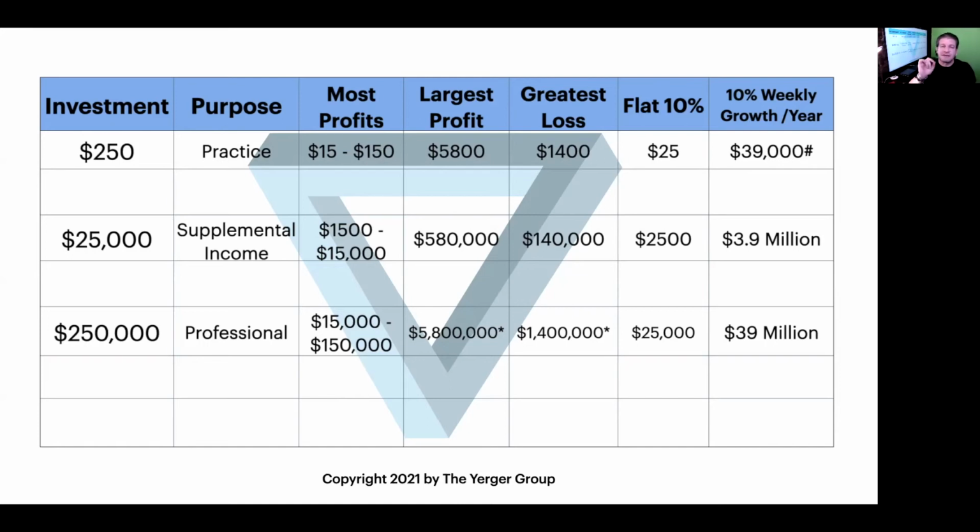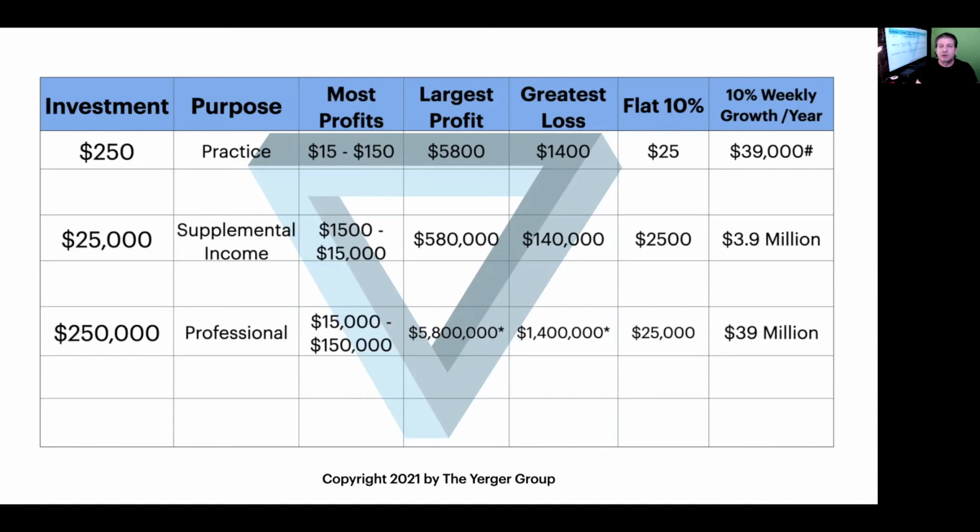$150,000 as a frequent profit for many of your trades. Again, proper analysis, proper everything, that will give you that amount of money. Your largest profit will be almost $6 million. Again, it's all about proportion and mathematics.